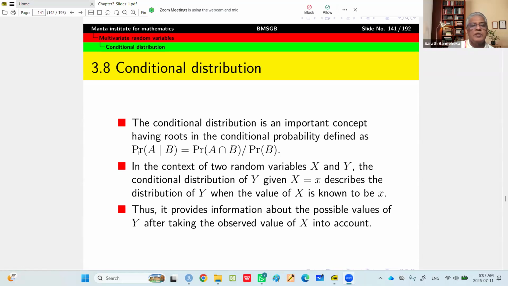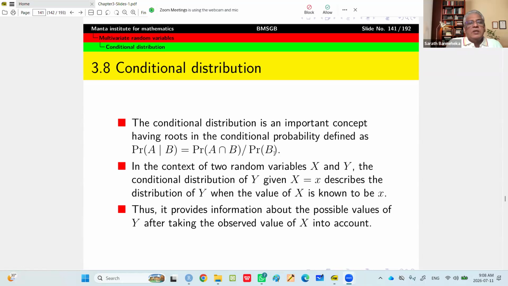For example, the probability of A given B is defined as the probability of A intersection B divided by the probability of B, when the probability of B is not equal to 0.